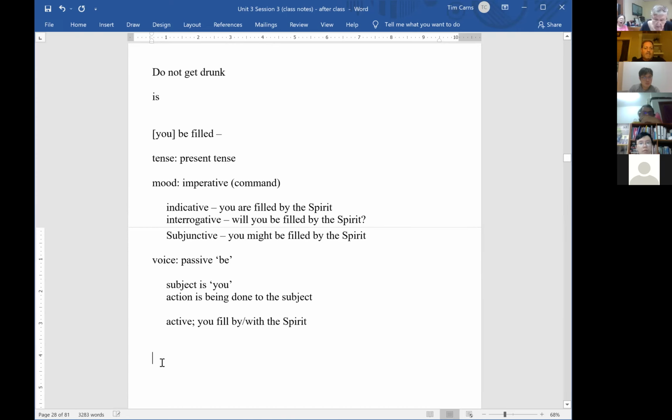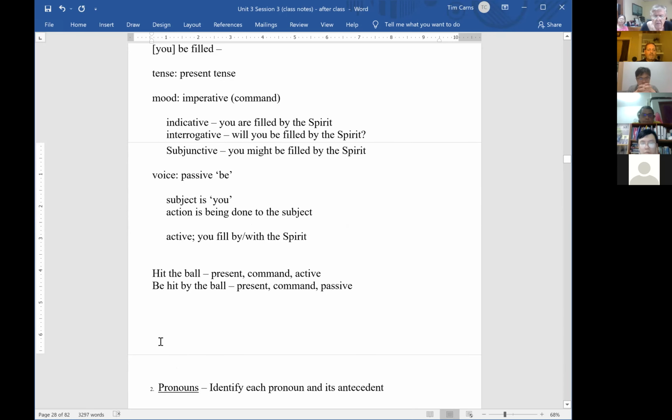if we take our example from before, hit the ball. All right, that's a present command and it's active. You do this action. Okay, but what if I had said be hit by the ball? That is also still present. It's still a command, but it's passive now. So I'm commanding you to be hit by the ball.